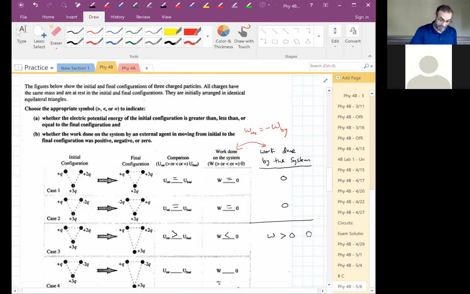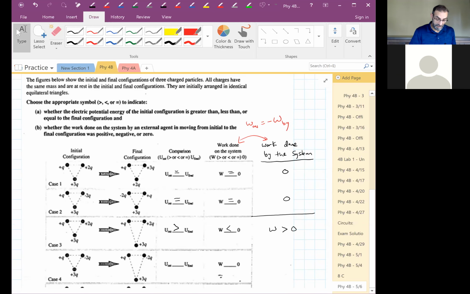Next one. Same thing. We allow that +3 charge, or we pull that +3 charge down, or we allow it to move down, whatever the case may be. But this is a little different because the other charges have changed. Instead of a +2 as one of the upper charges, we have a -2Q as one of the upper charges.